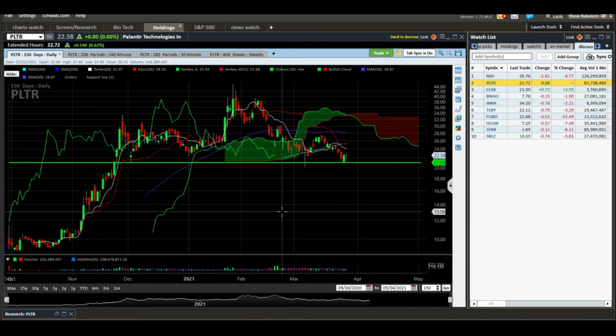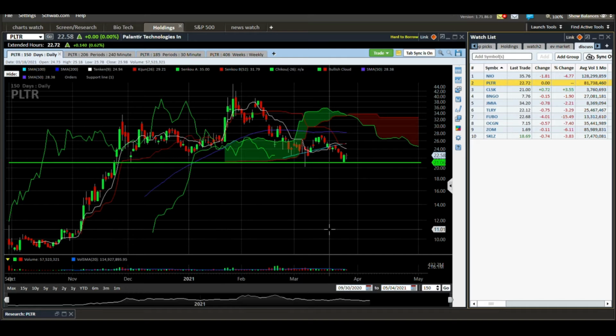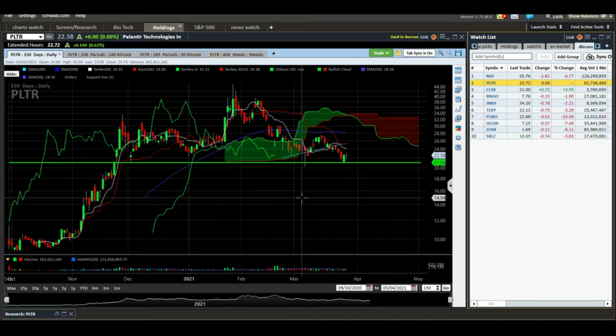The S&P 500 is holding up pretty good. A lot of the small caps and micro caps are just getting pummeled right now. They've had a monster run. So I would just be careful with this. I'd say a pop back up here might be a better opportunity to sell. I know a lot of people like this company and they're just going to stick with it no matter what.